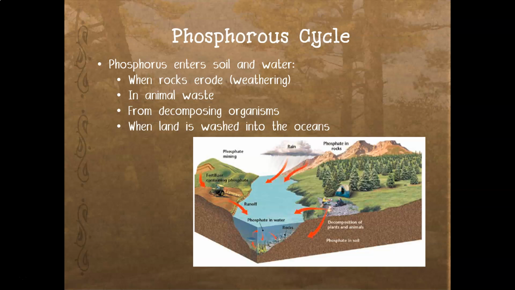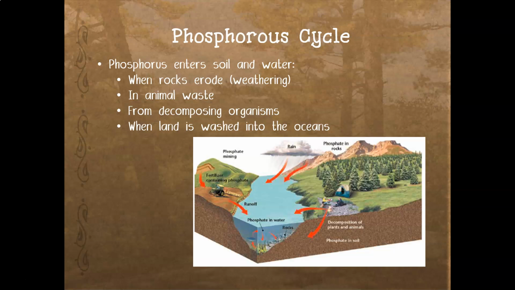So phosphorus enters both the soil and the water in a couple of different ways. One of the biggest ones and one of the longest processes to occur is when rocks erode or weather, right? So we've got all this phosphorus built up in the rocks of things like mountains and major land masses. When it rains, that exposed rock gets eroded away by that rain, wearing it down. Water is very good at dissolving things, including components in rocks, just over very long periods of time.